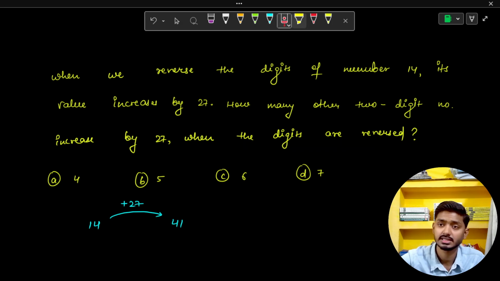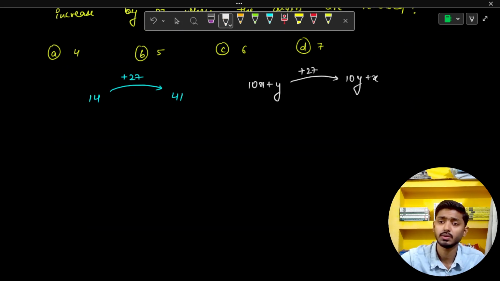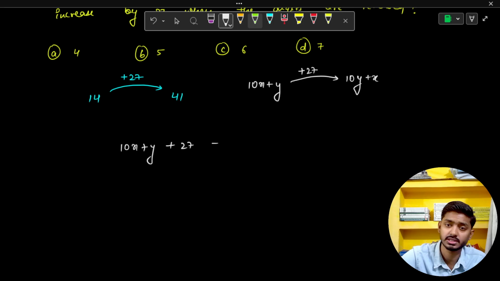It says, let's take a two-digit number. If you add 27 to it, the digits get reversed. How many such numbers would be there? Well, I can write an equation for this. That would become 10x plus y plus 27 equals 10y plus x, right?